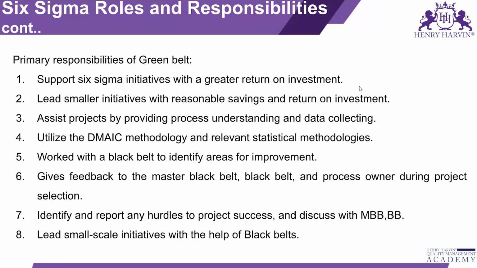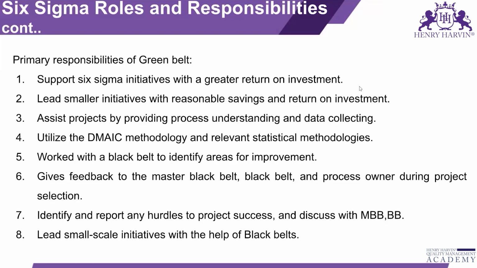Primary responsibilities of green belt. First, support Six Sigma initiatives with a great return on investment. Second, lead smaller initiatives with reasonable savings and return on investment. Third, assist projects by providing process understanding and data collection. Fourth, utilize the DMAIC methodology and relevant statistical methodologies.